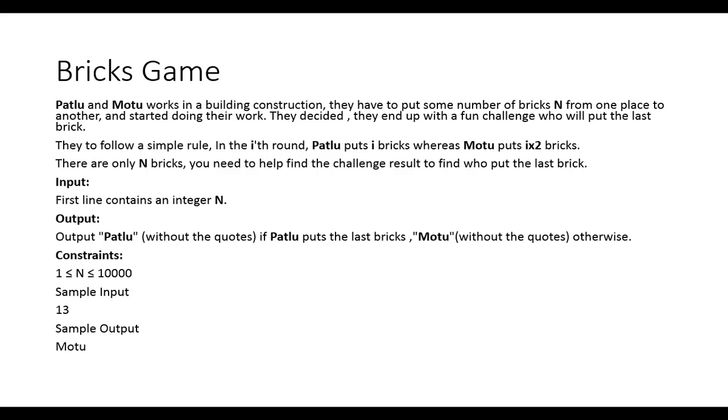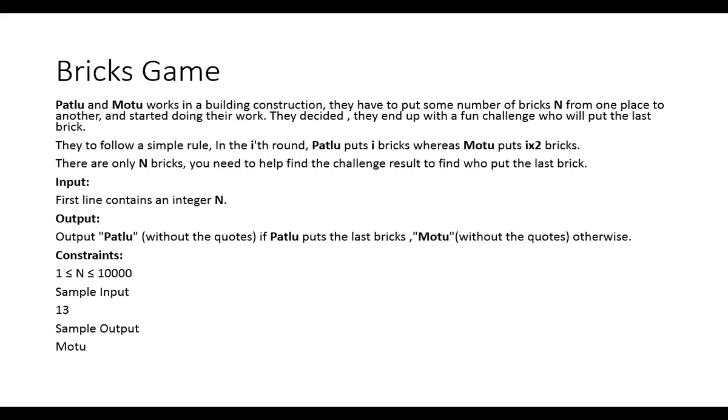So basically the problem is there are two persons, Patlu and Motu, and there are n bricks. In the first round, suppose Patlu picks up one brick and Motu picks up two bricks. In the second round, Patlu picks up two bricks, then Motu picks up four bricks. In the third round, Patlu picks up three bricks and Motu picks up six bricks.